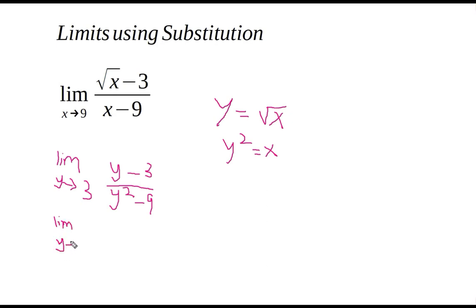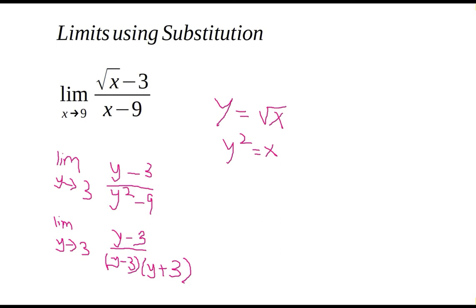So we have the limit of y approaching 3, y minus 3 divided by y minus 3 times y plus 3.